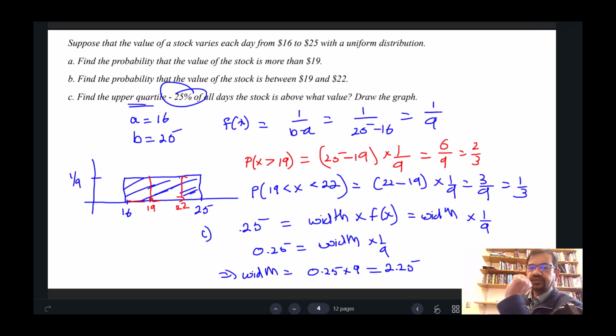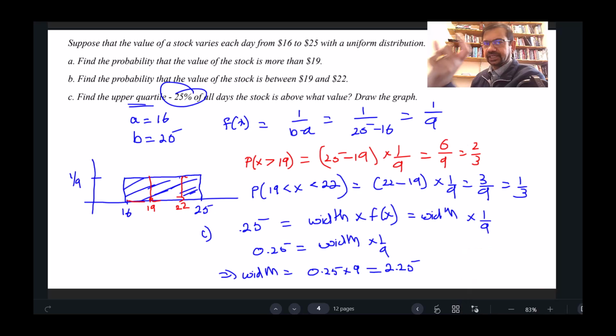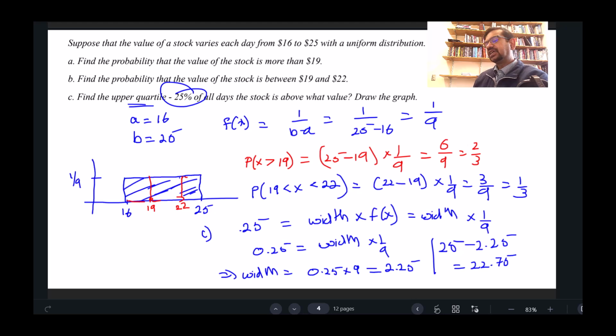So the width of the interval is 2.25. And then to find the value above which the width will be 2.25, we can take our upper value. Our upper value is 25 minus 2.25, which would be 22.75. So above 22.75, there will be a 25% distribution of the values.